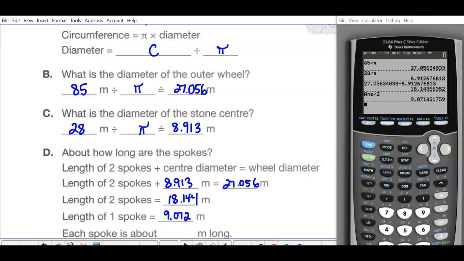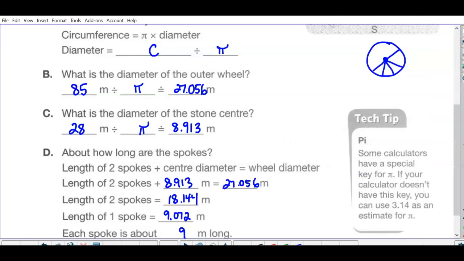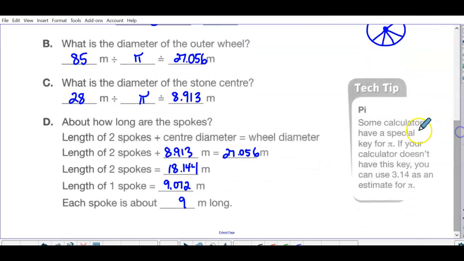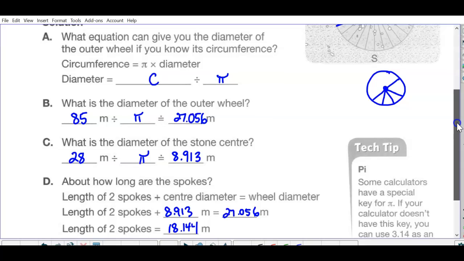Still going to 3 decimal places, and then now we'll round. It's really about 9 meters long. It talks about pi here. If your calculator doesn't have the key, use 3.14, but we are requiring you to have a scientific calculator, so you should have that. And that's the end of 3.5.